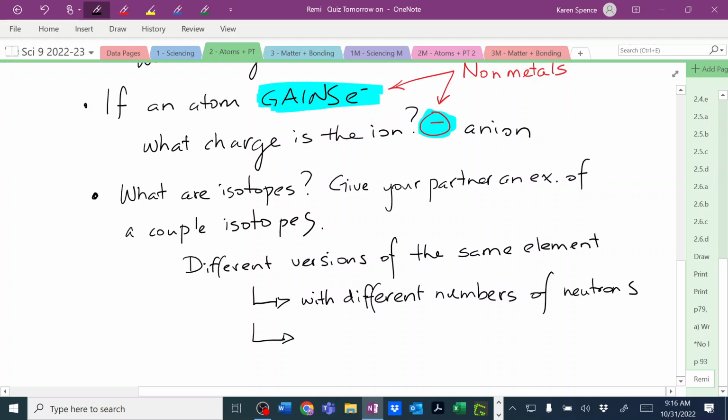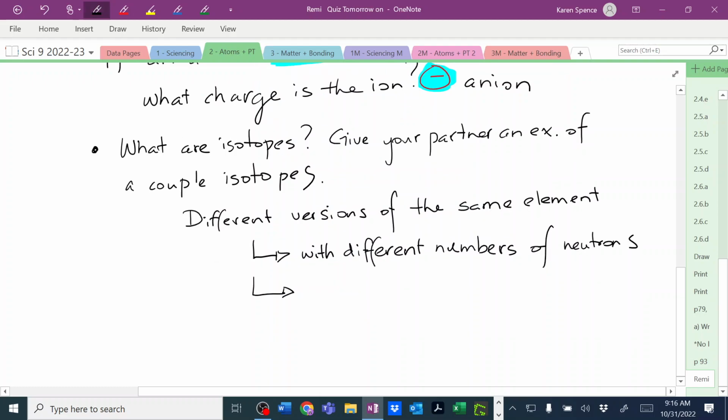And that gives them different what? Yeah, it gives them different mass numbers.